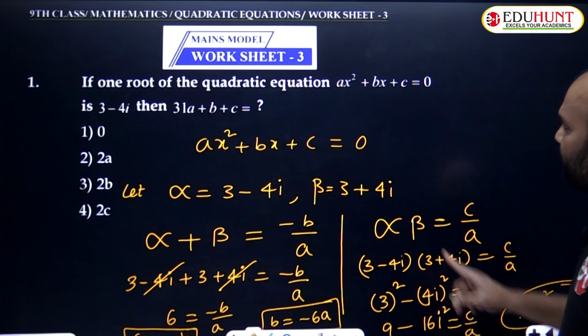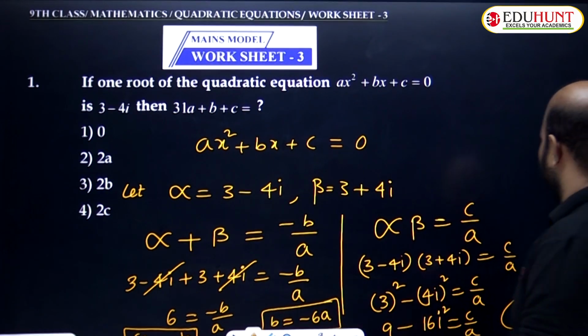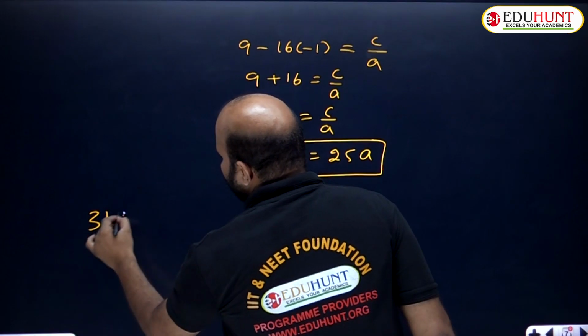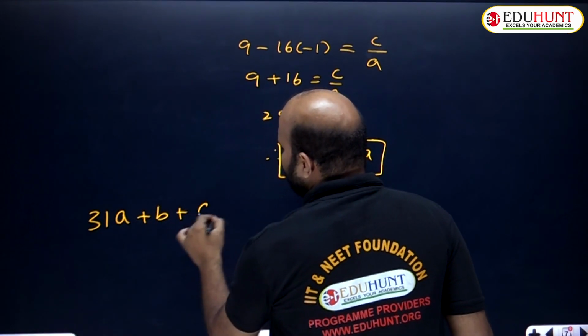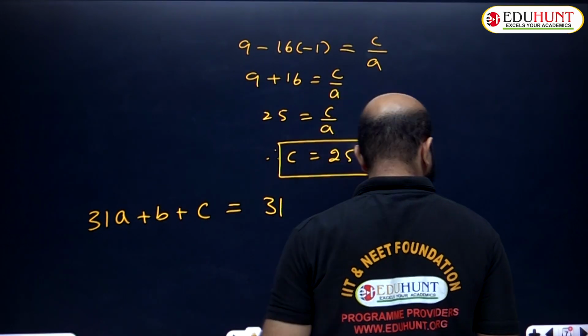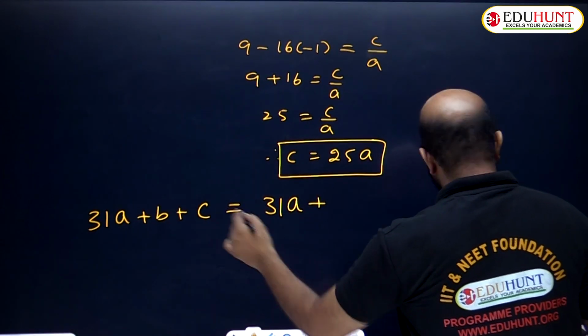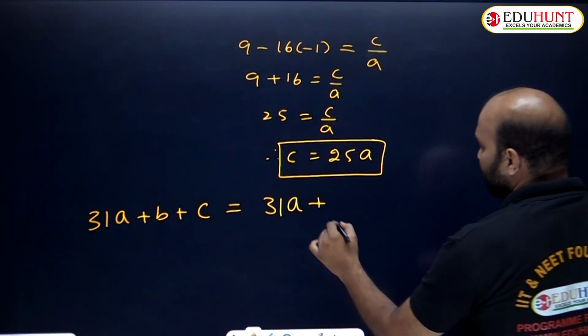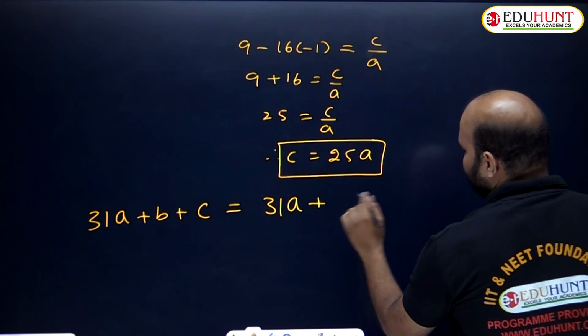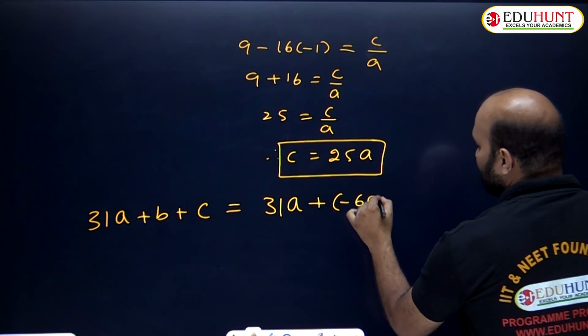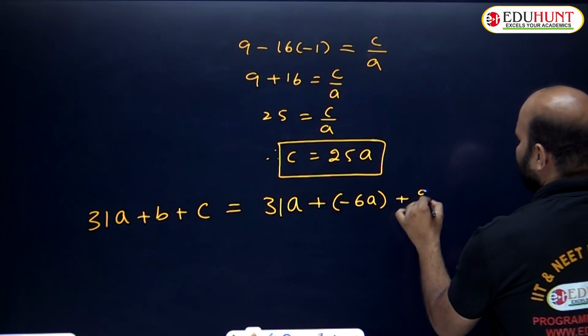But the question is asking for the value of 31a plus b plus c. So 31 into a plus the b value we already got, minus 6a, plus the c value, 25a.